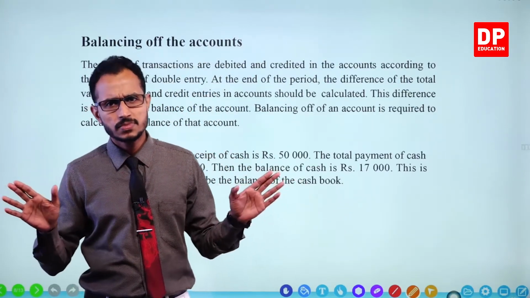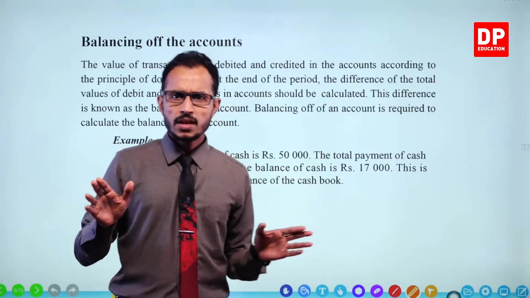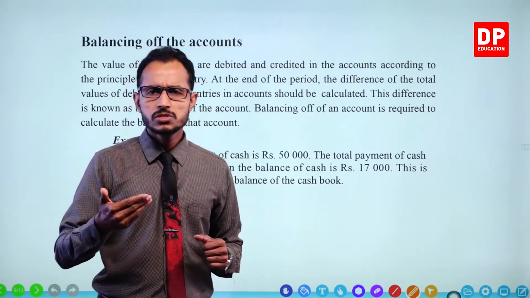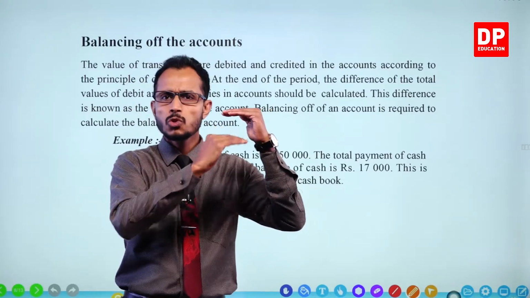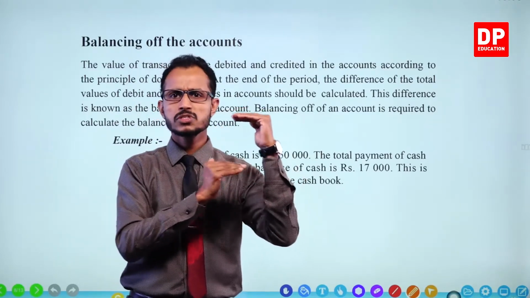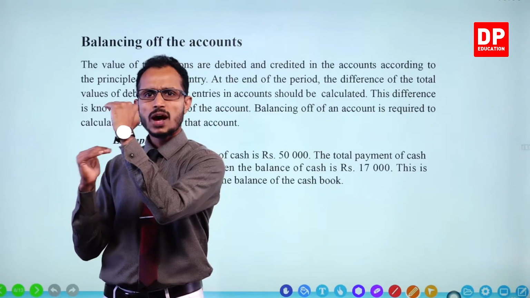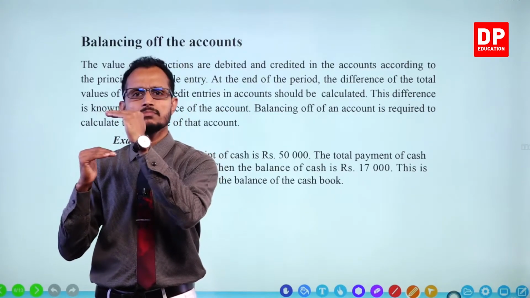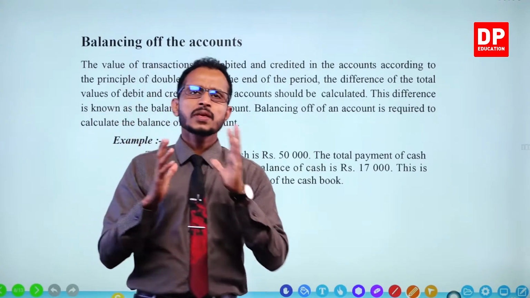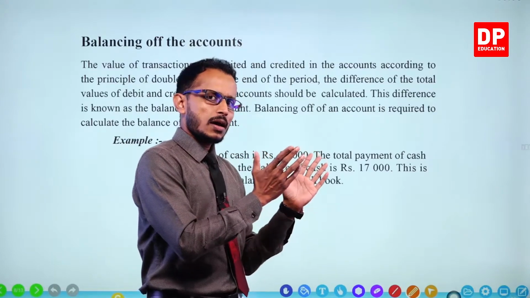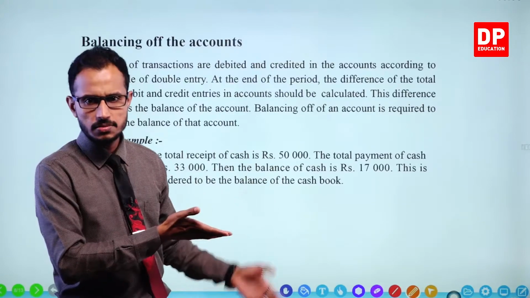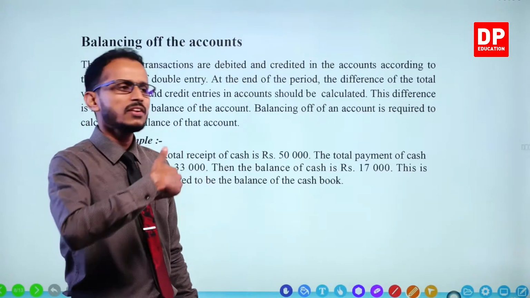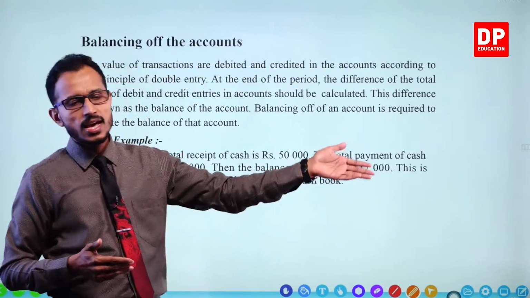It depends how and in what period of time the prime books are totaled, how ledger accounts are balanced, and how financial statements are prepared at the end of the period.